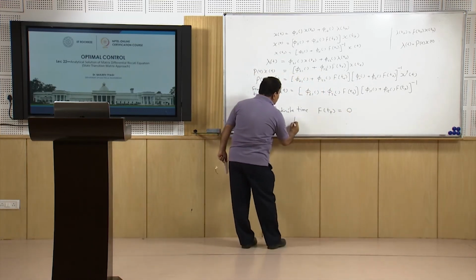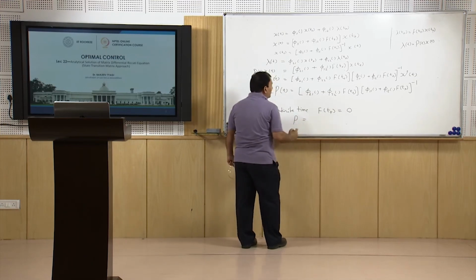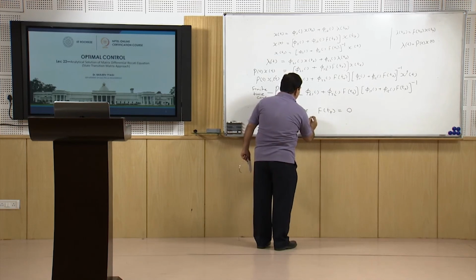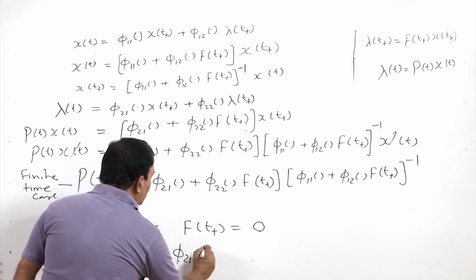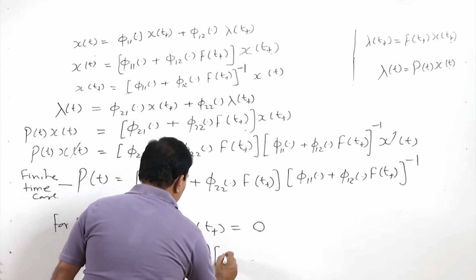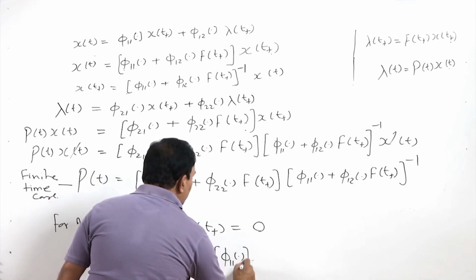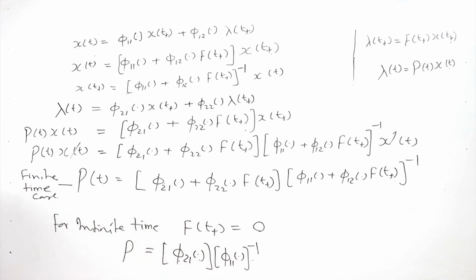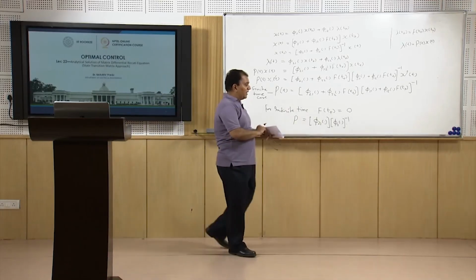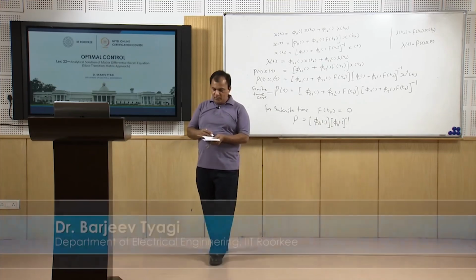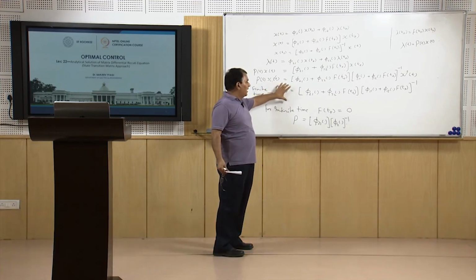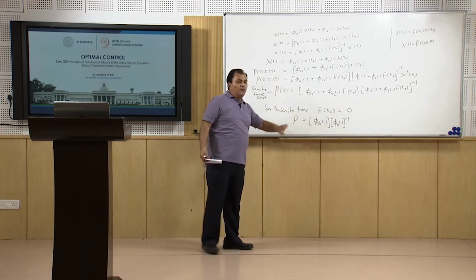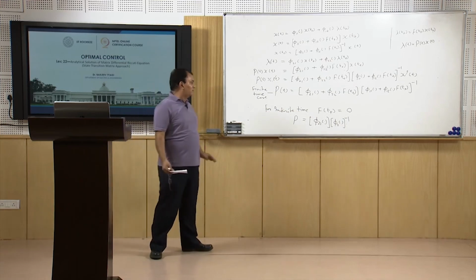So for infinite time, my P is nothing but phi 21 phi 11 inverse. So this is another approach by which we can find out the Riccati coefficient matrix P(t) for the time varying case, or the finite time regulator case, and P for the infinite time regulator case.